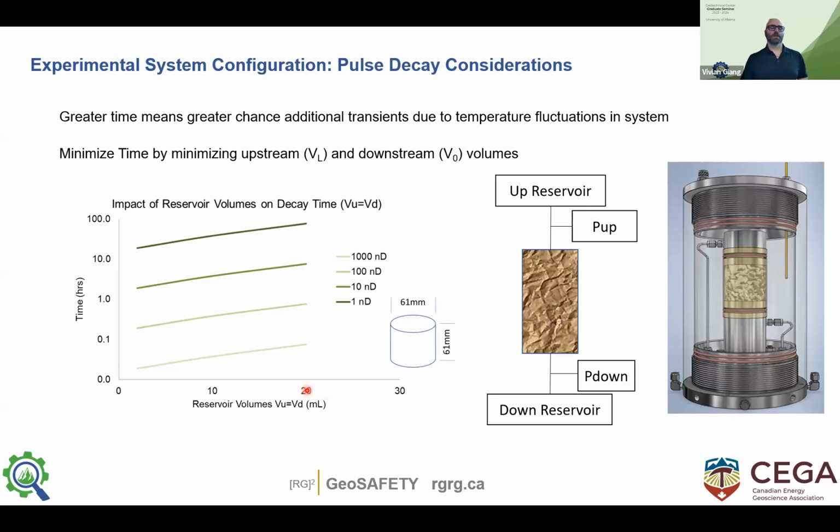If I assume that they're both equal, you can pretty much make them equal in the laboratory. The smaller that reservoir volume gets, the lower the permeability measurement you can make.